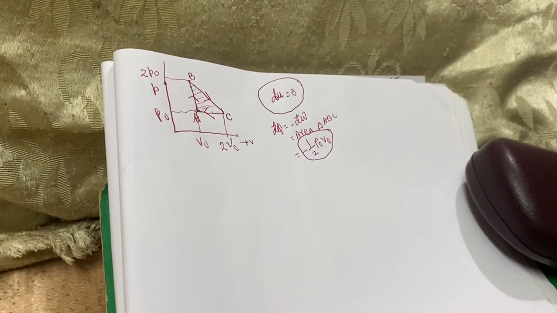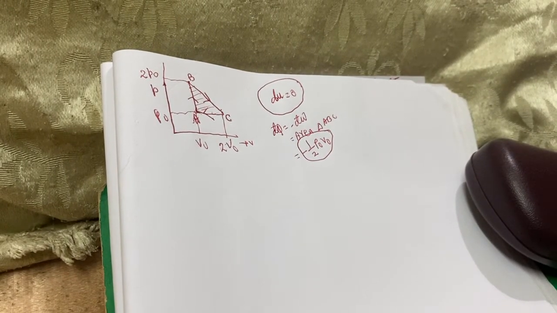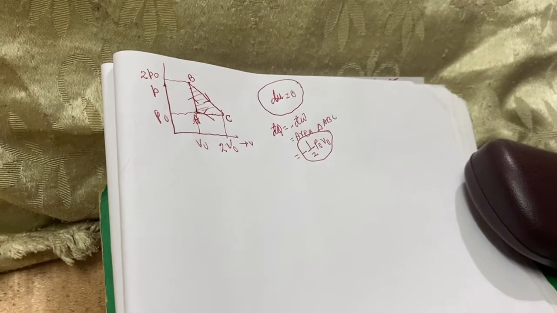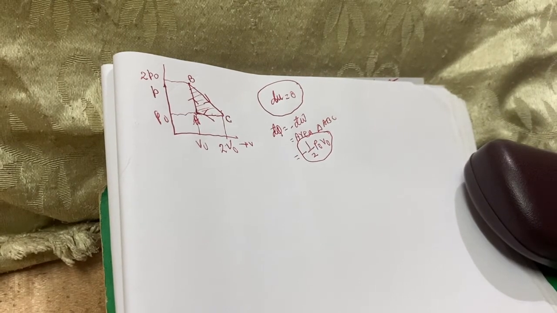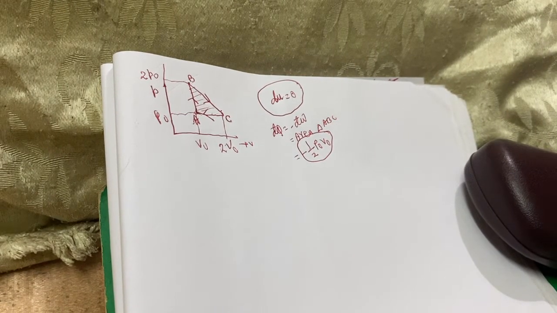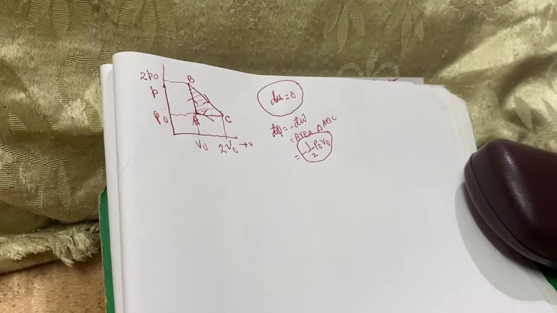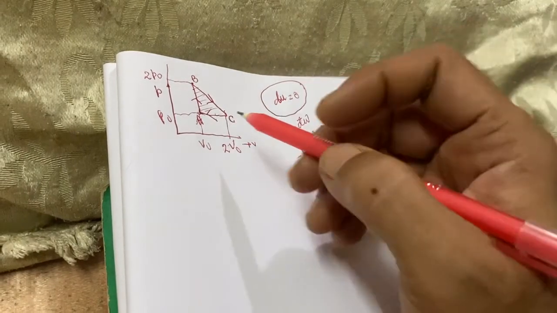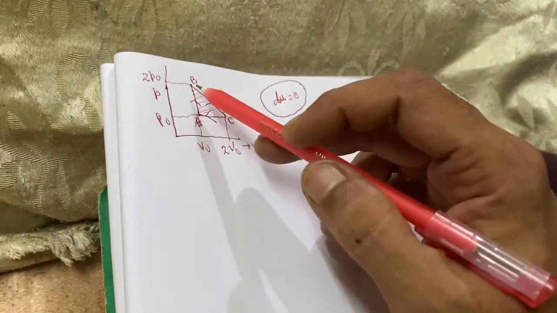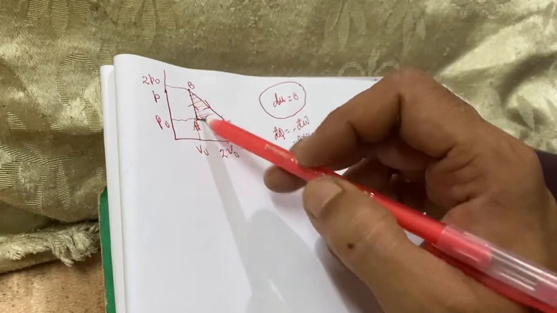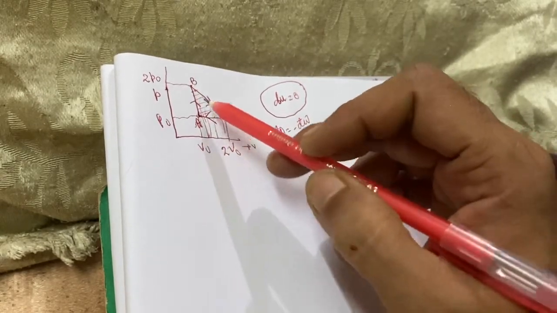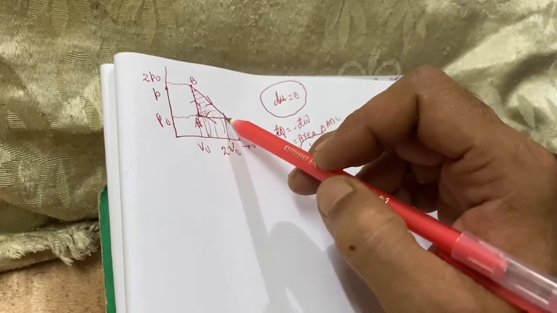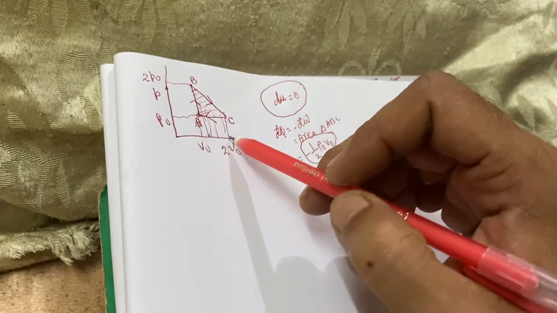This is the work done during the process ABC, and you see here the volume is increased. Volume expansion took place because for the process BC, the graph area is large. For the process AB, volume is constant, so work done is 0, and for the process AC, it is the rectangular area.